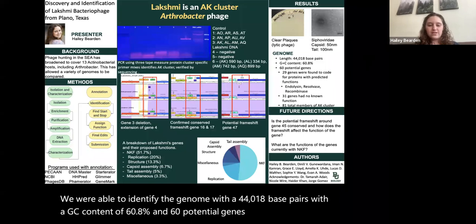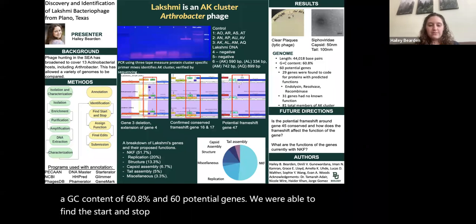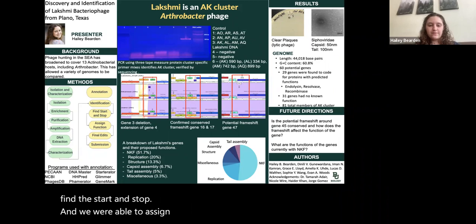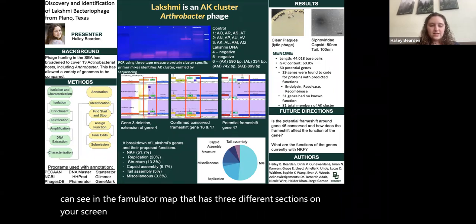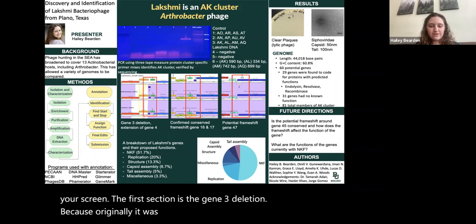We were able to find the start and stop, and we were able to assign function for some of the genes. As you can see in the Phamerator map that has 3 different sections on your screen, the first section is the gene 3 deletion, because originally it was classified as a reverse gene.